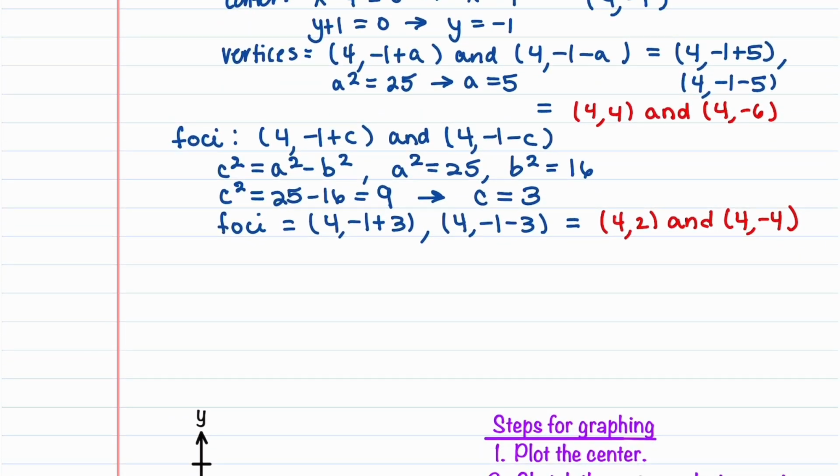Now let's look at the eccentricity. That's equal to e, which is c divided by a. c was 3, and a was 5. So this is equal to 0.6.